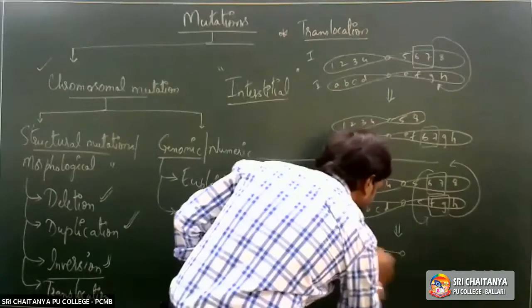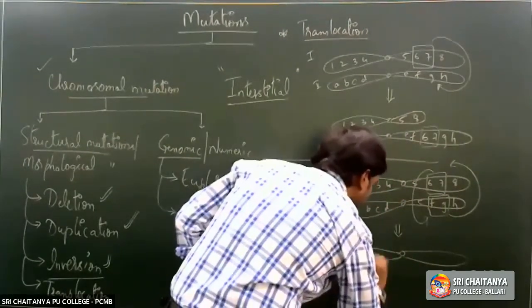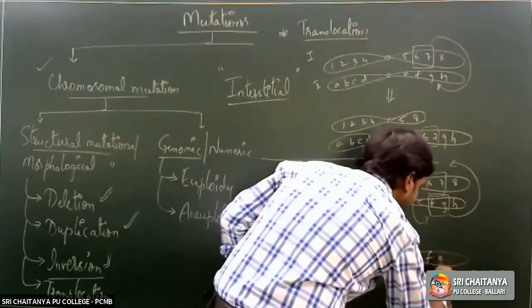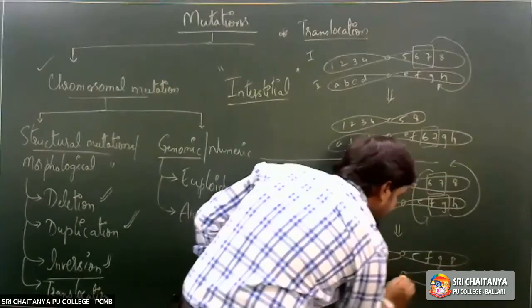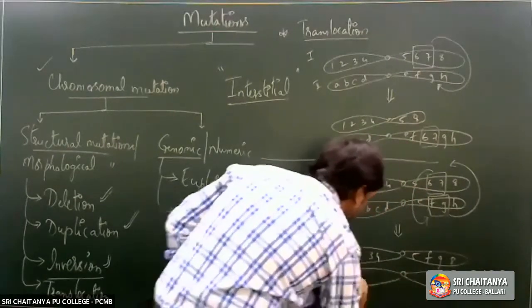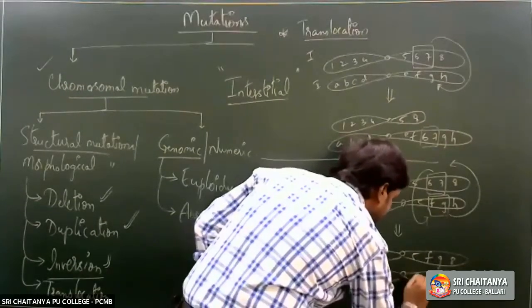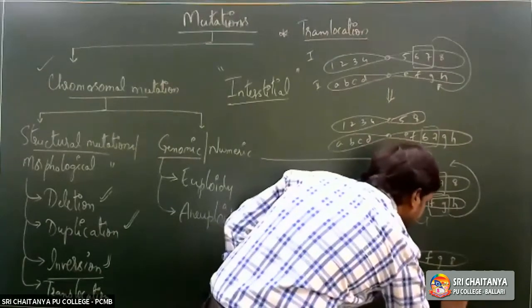What would the chromosome appear like now? So here it would be 1, 2, 3, 4. Then it would be 5. Here it would be F, G, and A. On the homolog pair again, what would be the condition here? So this would be A, B, C, and D. This would be E. Then it would be 6, 7, and H.